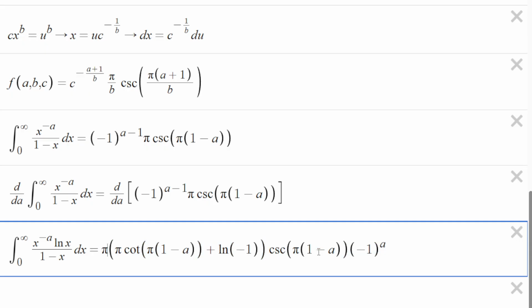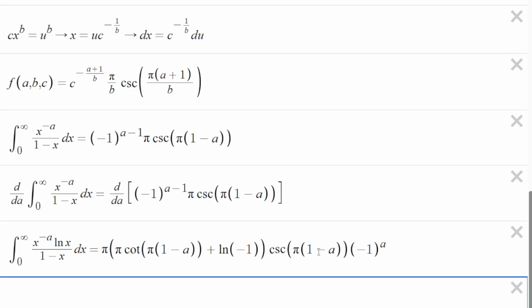As you can see, we have some nasty stuff in here, like the natural log of negative 1, which we can't really... Well, that's no good, but we can manipulate this so that it will actually go away. This natural log of negative 1 actually cancels out, and I'll show you what happens.